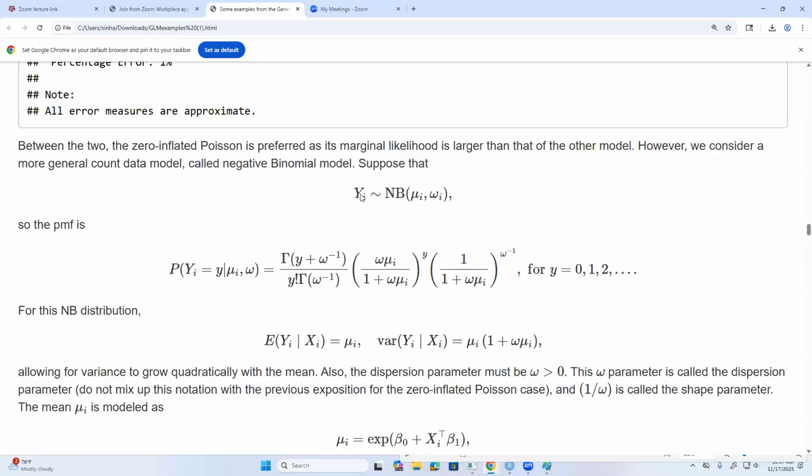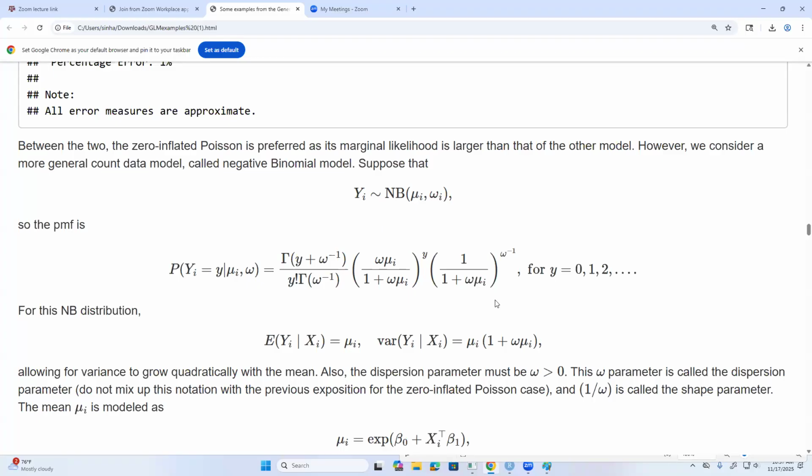So why negative binomial? Negative binomial is a more flexible model than the Poisson model. Poisson model was very easy. Everybody understands, but it is a very restrictive model. It tells you that the mean and variance will be the same. But in real life, most often, mean and variance are different.